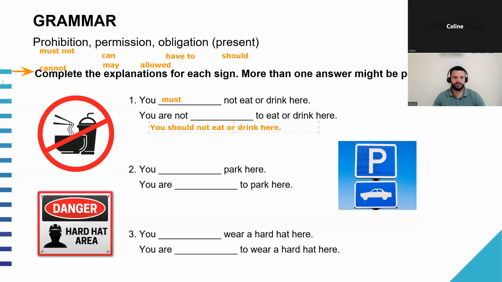But because we have the verb to be, we cannot use should, okay? Should is always after the subject. So this cannot be a possible answer. We're going to eliminate this. And instead, with the verb to be, we're going to use allowed, right? You are not allowed to eat or drink here. Okay? Okay, thank you, teacher. All right. What about number 2?